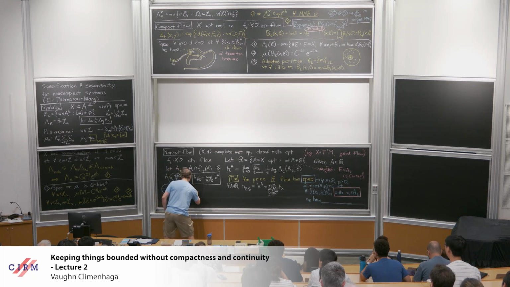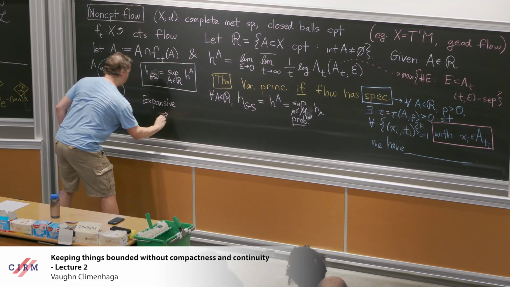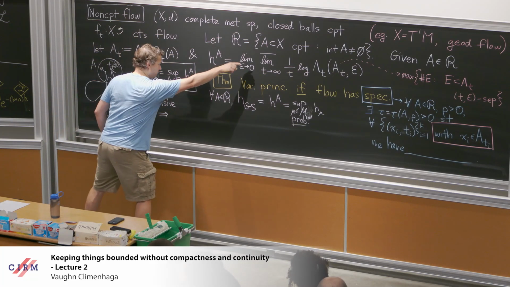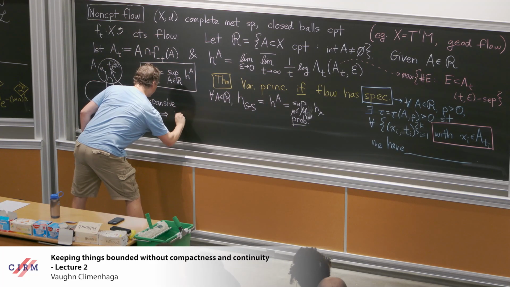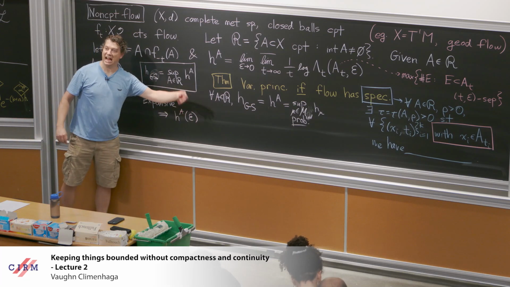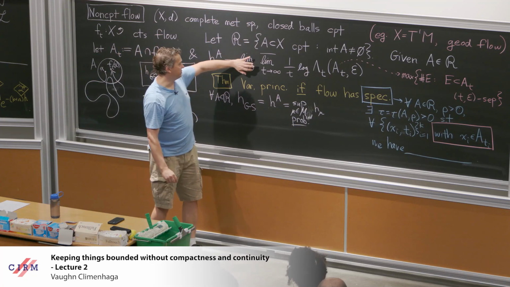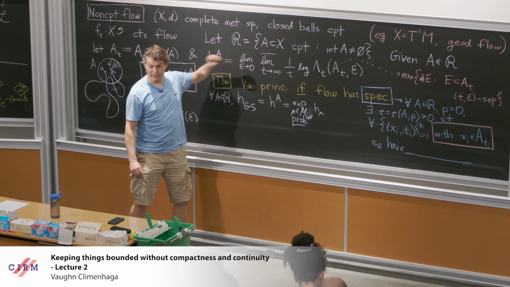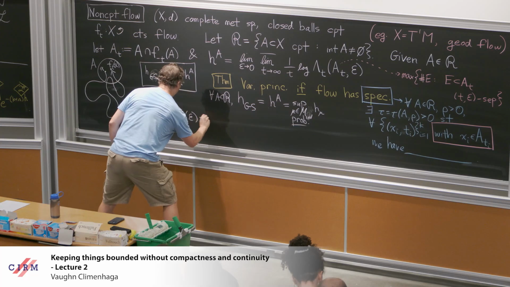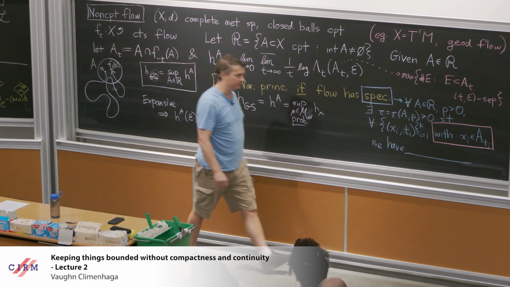If you're expansive, then you can remove the limit here. I think you have to take this to be half your expansivity scale or something, but the quantity that you get without this limit is, in fact, all of the entropy.